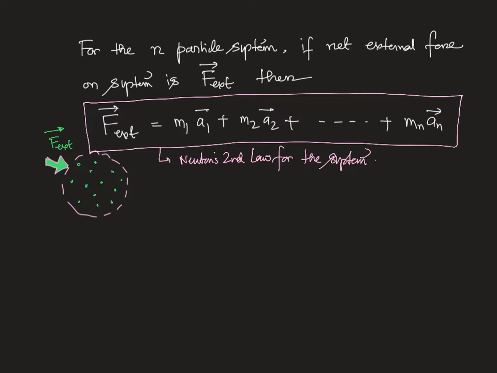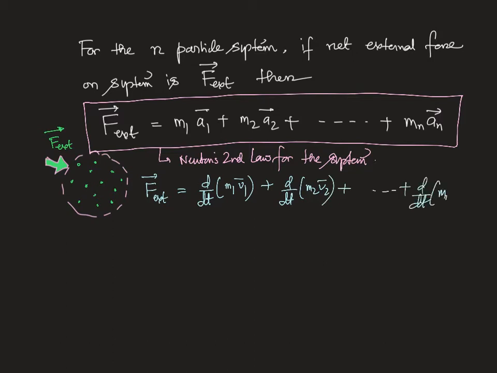So this we can again write like this: F external is equal to, since ma is d/dt of mv, d/dt of m1 v1 plus d/dt of m2 v2 plus m3 v3 like this, d/dt of mn vn.